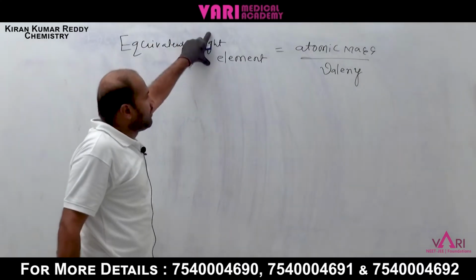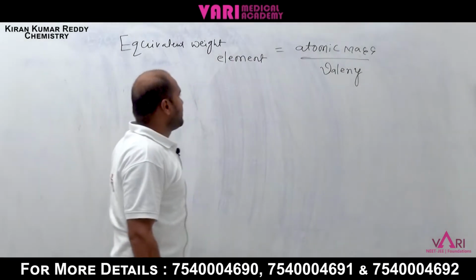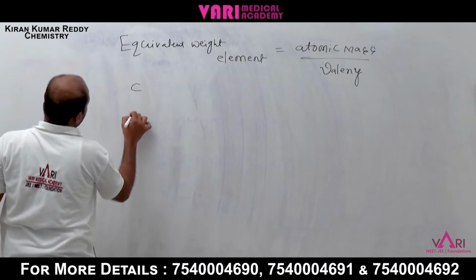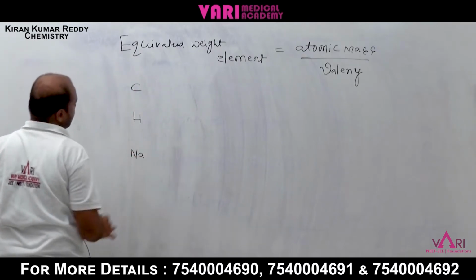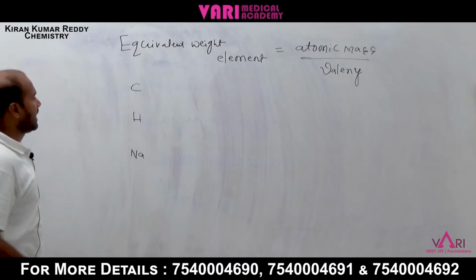Equivalent weight of element is equal to atomic mass by valency. We are taking some examples: carbon, hydrogen, and sodium. These are the elements.